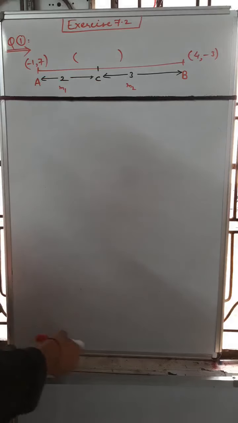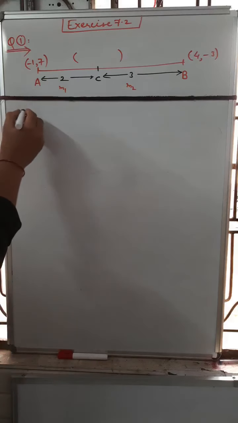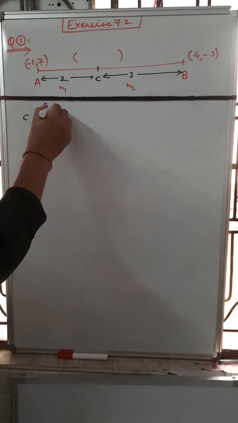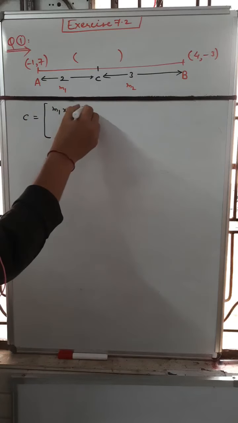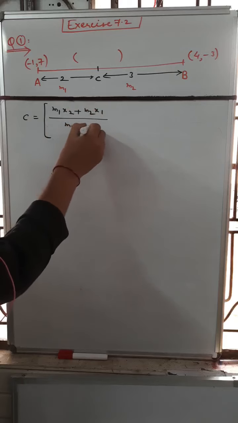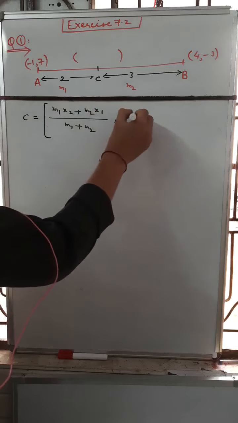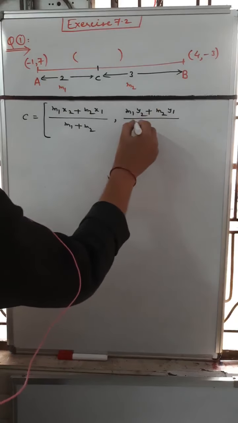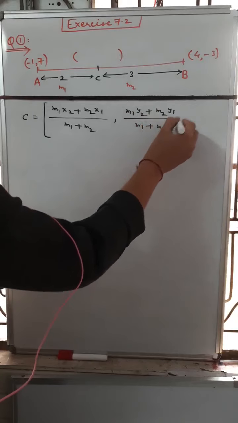We know the formula we wrote in the introduction. Coordinate of C is equal to m1 x2 plus m2 x1 upon m1 plus m2, comma, m1 y2 plus m2 y1 upon m1 plus m2.